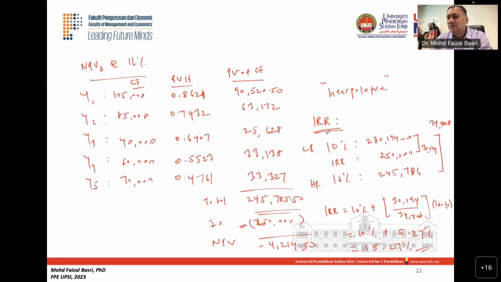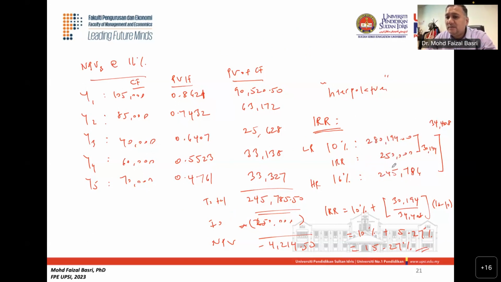So to be zero, the total cash flow and also the IO must be the same. And we know the IO is 250,000. So that's why I put the 250 in the middle. Right, in the middle. So we need to find the two total present value of cash flow. One is higher, one lower.